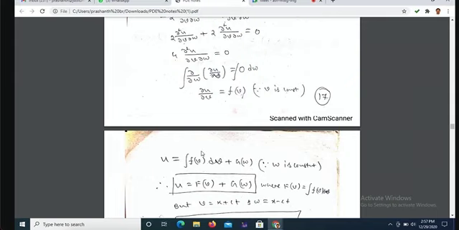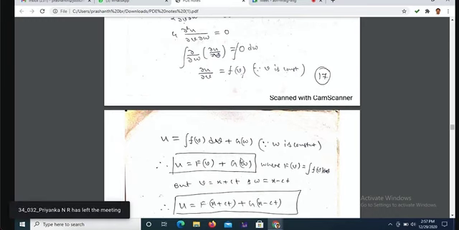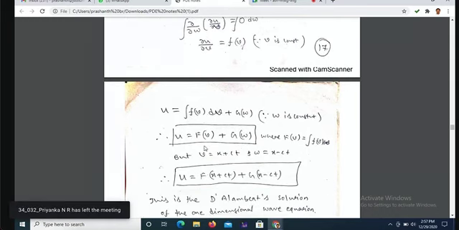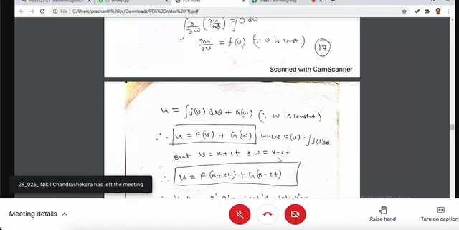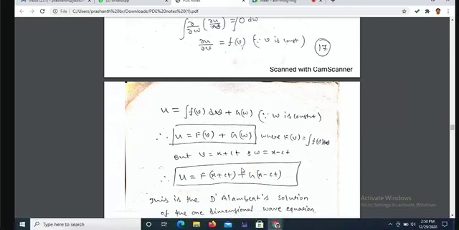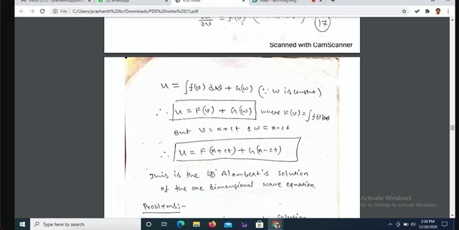When you are integrating with respect to v, w is constant; when integrating with respect to w, v is constant. Hence the integral of f of v dv can be written as f of v plus g of w. So u is f of v plus g of w, where in the place of v we have x plus ct, and in the place of w we have x minus ct. This is how we can reform that wave equation into this form by D'Alembert's solution.